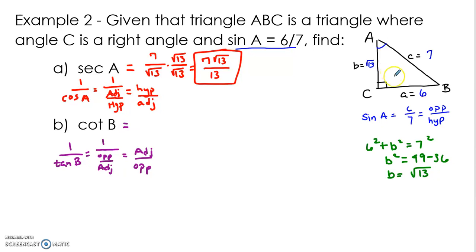Now we're switching to B, so I'm over here. I want the adjacent here, so 6, over the opposite, square root of 13. I'll do the same rationalizing and get 6 square root of 13 over 13. And here's our cotangent of beta, or B.